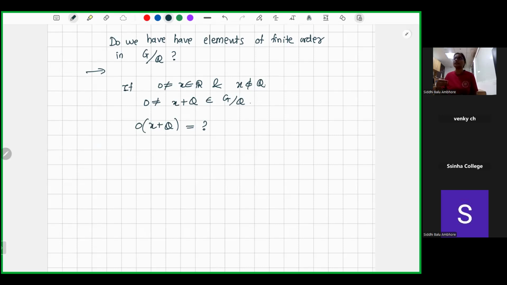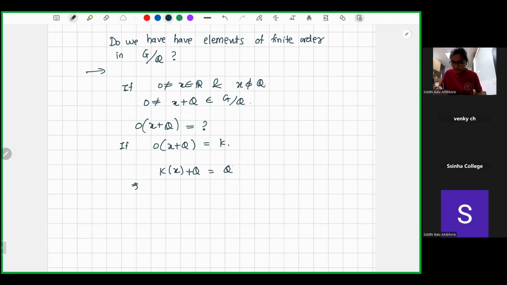Can this ever be finite? Because if the order of x plus Q is some k, then k times (x plus Q) will be 0 bar.